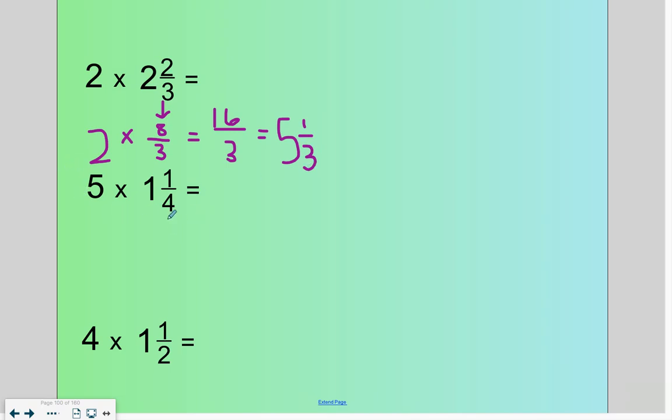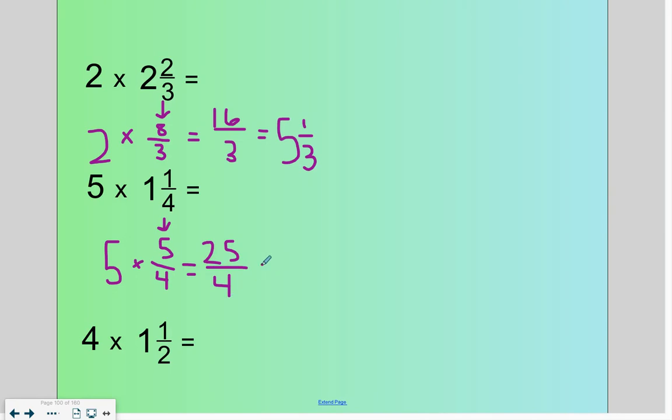The next problem is 5 times 1 and 1/4. Make this improper by doing 4 times 1 is 4, plus 1 is 5/4. 5 times 5 is 25.